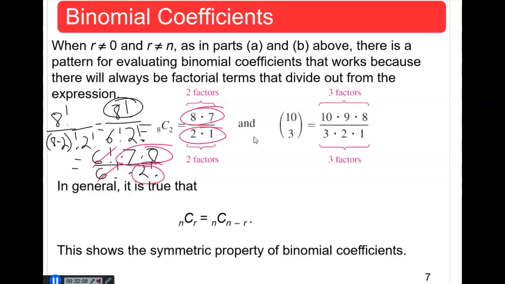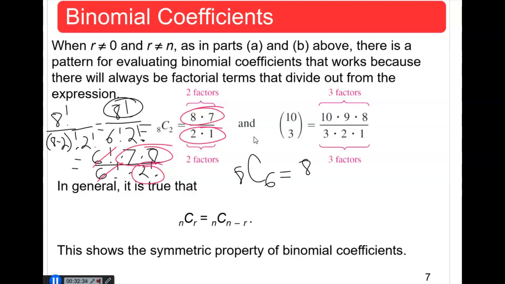So we have that. And for example, if we were to calculate the difference between 8 and 2, 8 minus 2 is 6, so I'm going to try 8 choose 6.